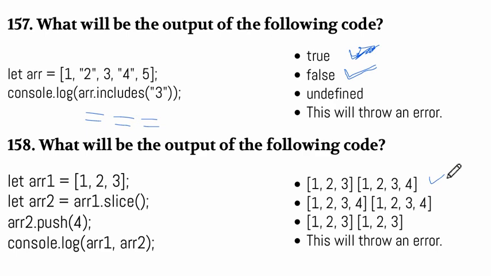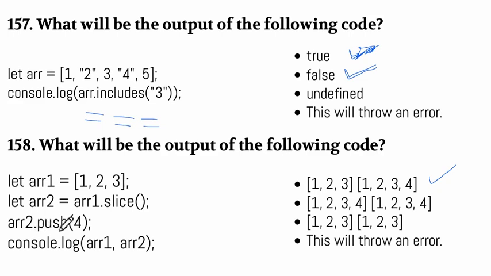The correct answer will be the first option, 1, 2, 3 and 1, 2, 3, 4. And how is that? You can see that array2 has a dot slice method, in which nothing is happening to array1. So it will simply show 1, 2, 3 just as it is.